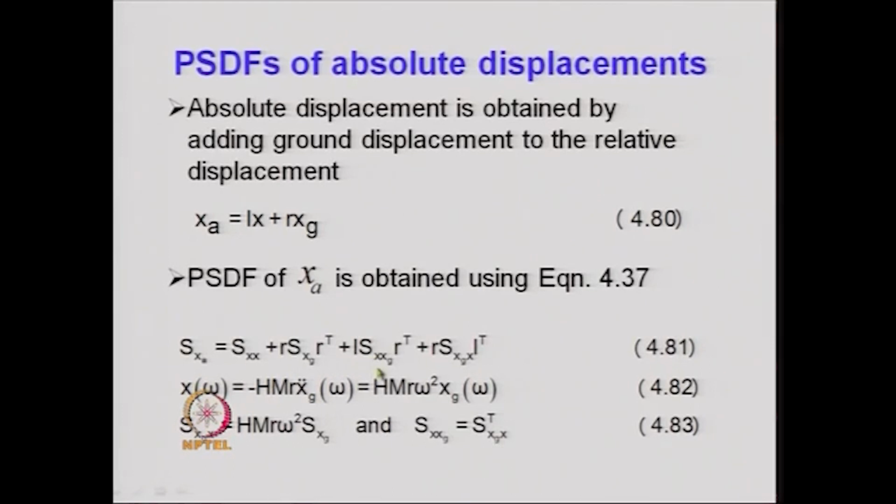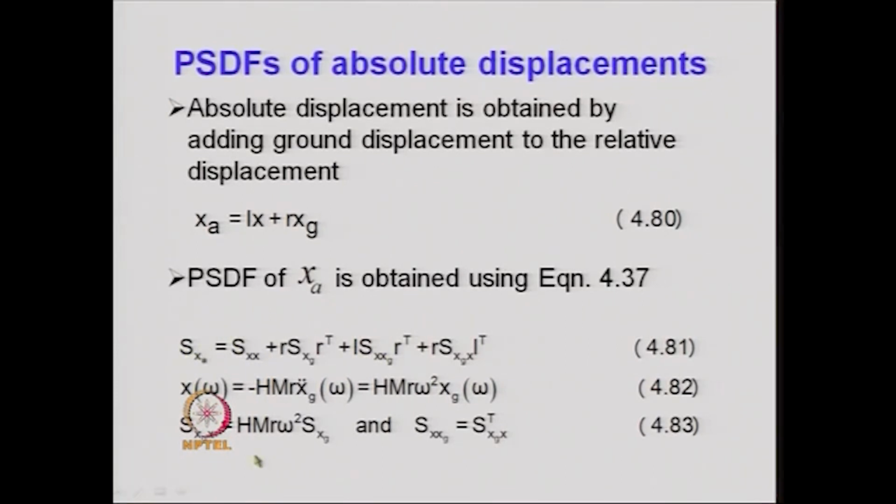Now, here this is the cross power spectral density function between the response, that is the displacement, and the ground displacement that is to be obtained, and once this is known, this matrix is completely known.